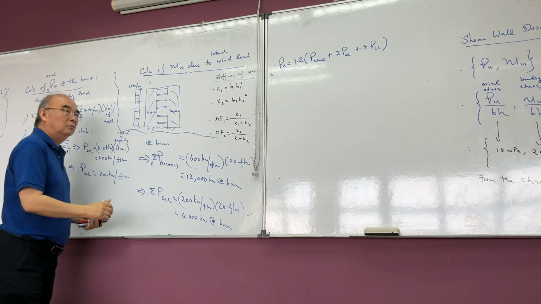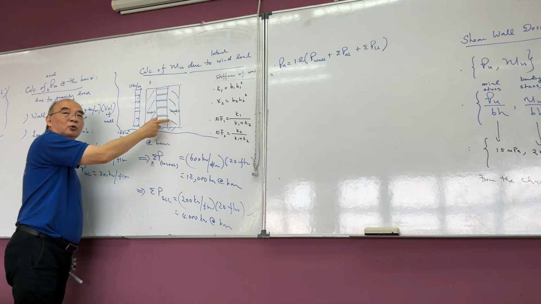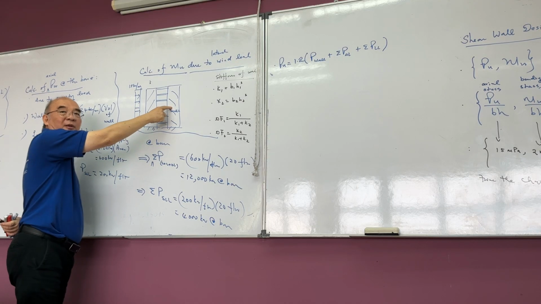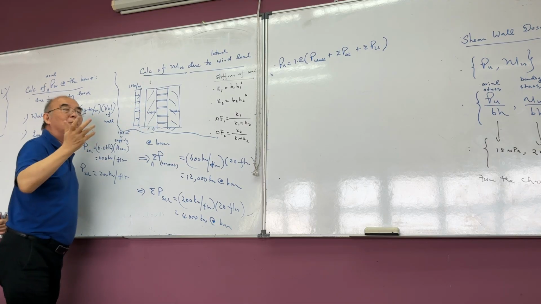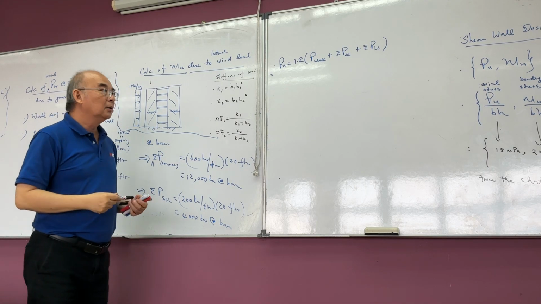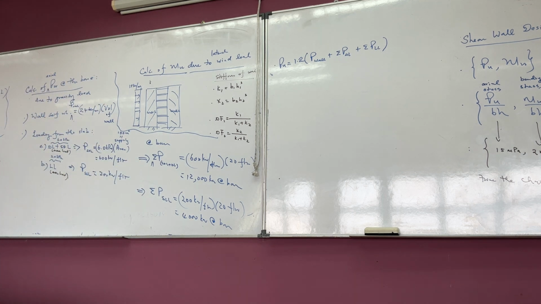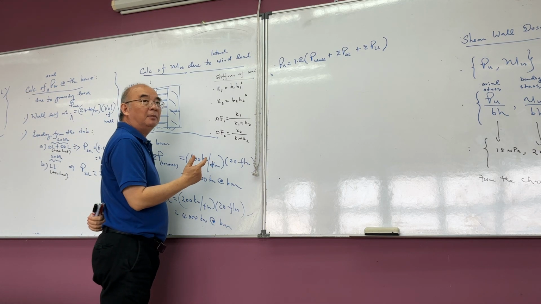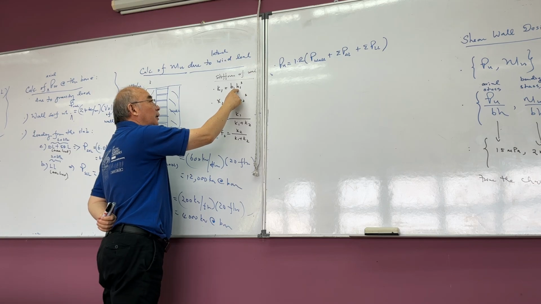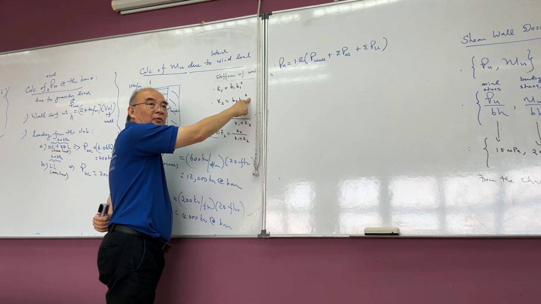So if the two walls are equal, that means 50%, 50% distribution. If one wall is bigger than the other, let's say these two walls have the same length but different thickness, let's say this is 200, this is 300, right? Then if they have the same length, H1 cube is equal to H2 cube, right?